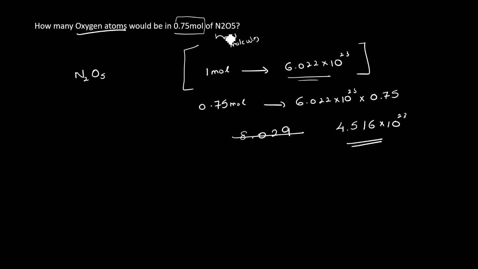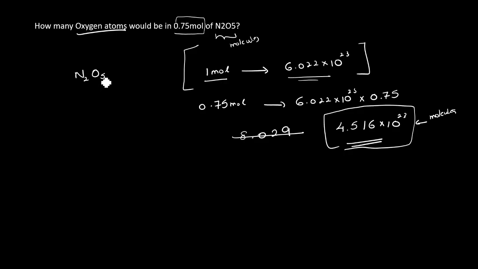So I know in 1 mole there is this amount, so in 0.75 moles there is this amount of molecules. I have calculated the amount of molecules in 0.75 moles. But they are not asking about the molecules. They are asking about the oxygen atoms.